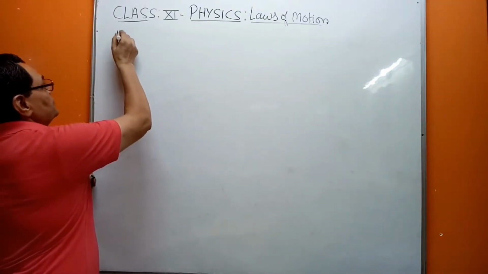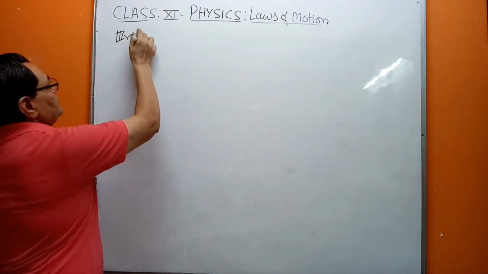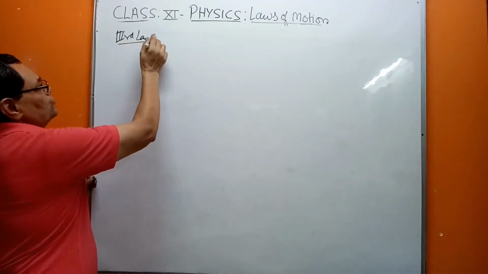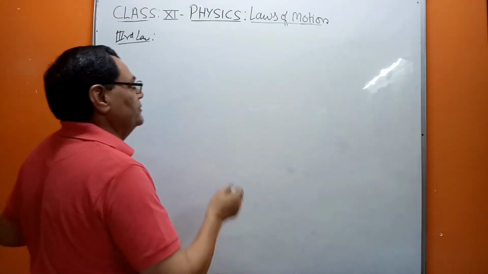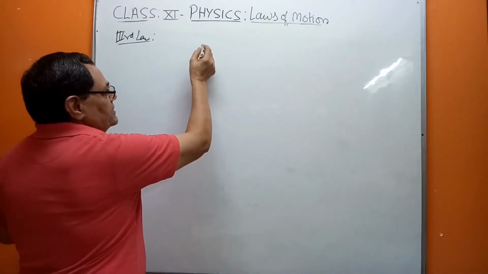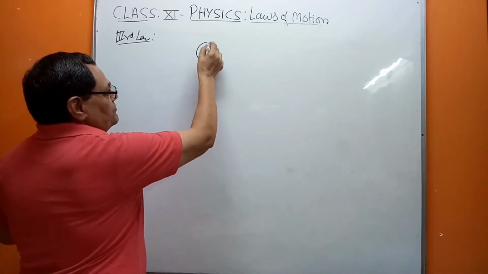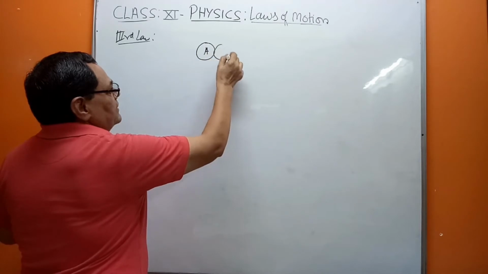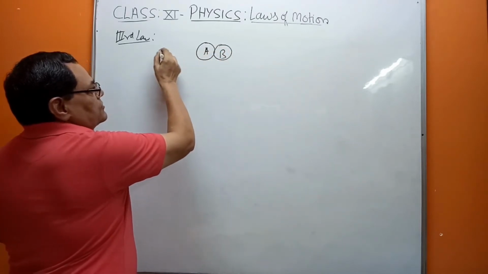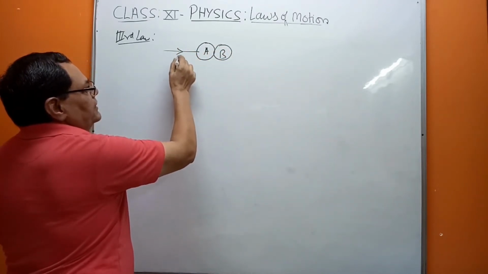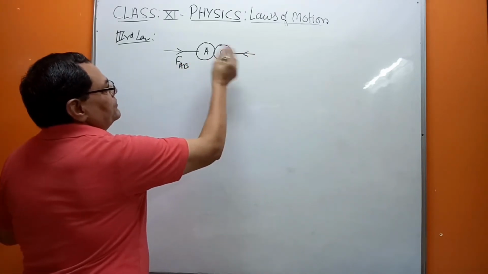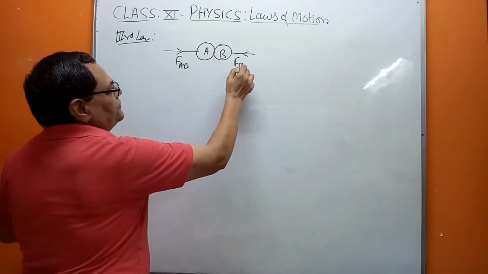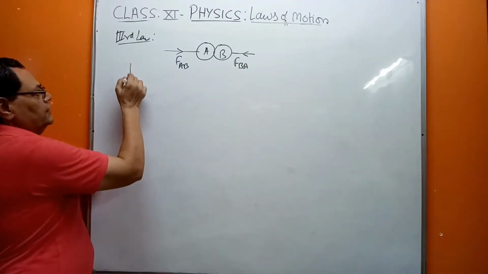Newton's third law says that to every action there is an equal and opposite reaction. Let's take some object A and another object B. If the force applied by A on B is FAB, then the force applied by B on A will be FBA.